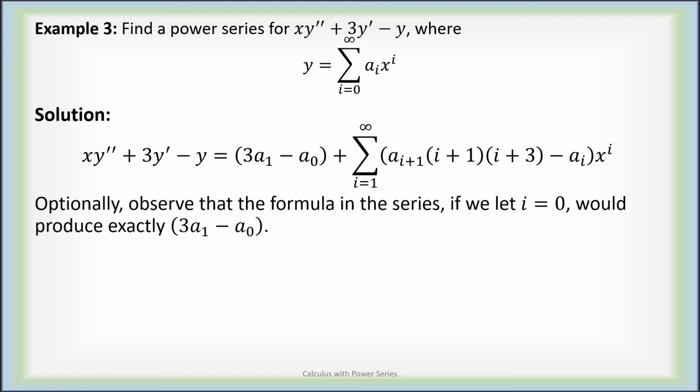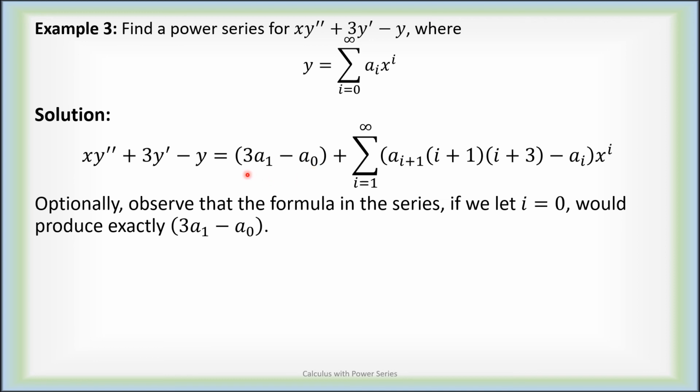Note, in the series, if I wanted to recover the term for i equals 0, in other words, the constant term where x to the 0 is just 1, what would we get? We would get a1, I'm letting i be 0 here, so a1 times 1 times 3, so 3a1 minus a0, which happens to be exactly what was sitting out here.